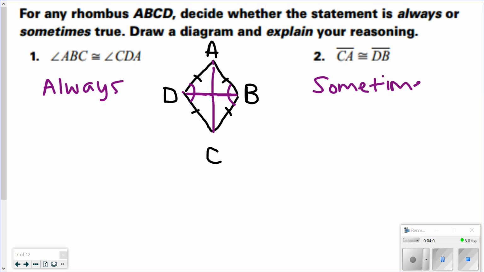Why? If you look at your definitions and your properties of a rhombus, you won't see that the diagonals are congruent. However, if you look at a square, you'll see that one of the properties is that the diagonals are congruent. And we know that a square is considered a rhombus by definition. So for number two, once again, it's sometimes true and only if it's a square.